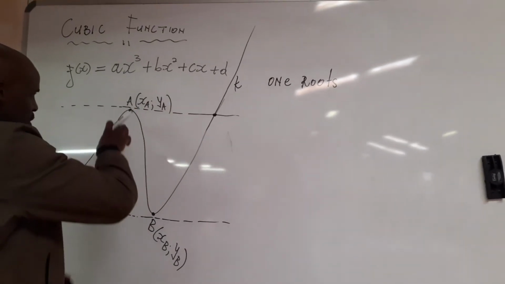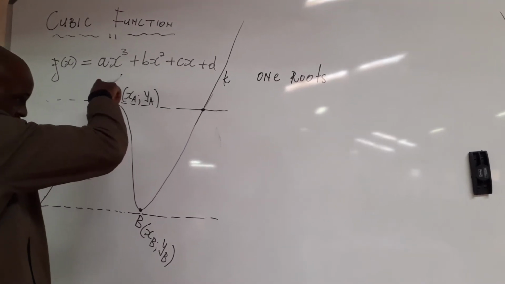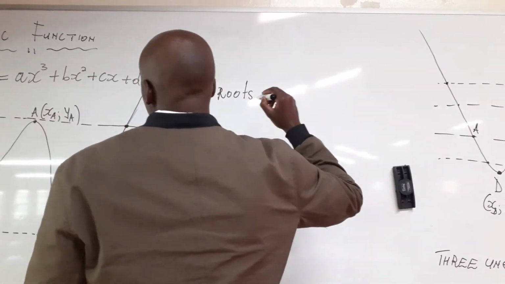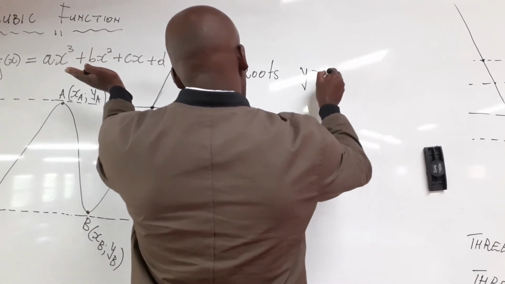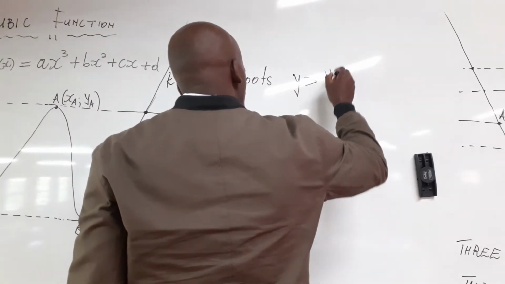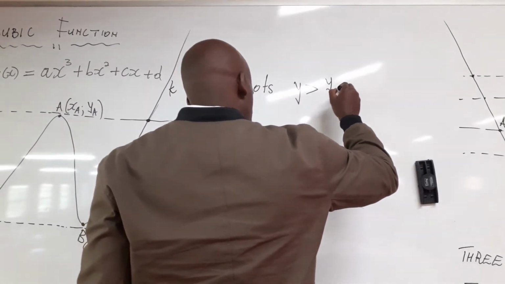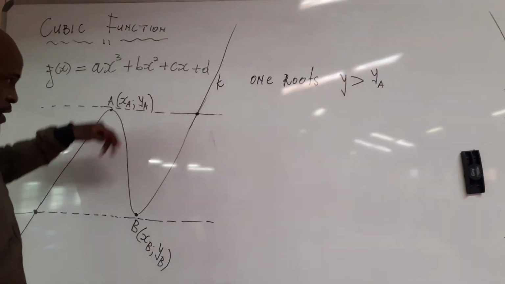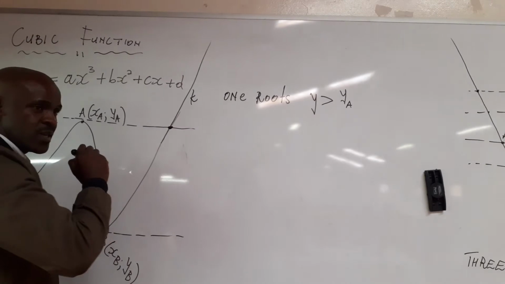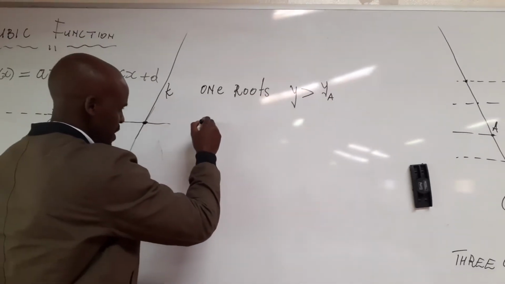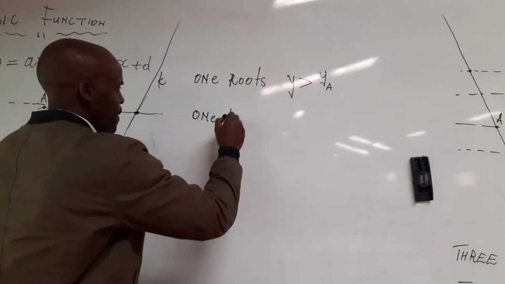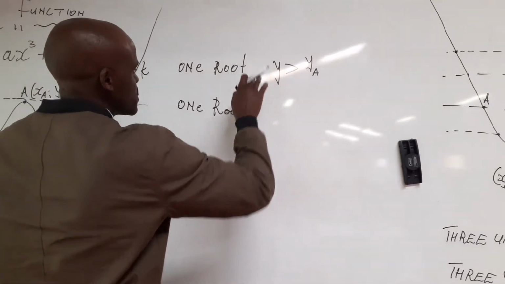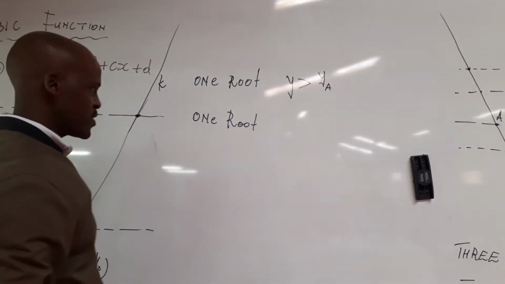Therefore, what is the value of y above point A? That means y greater than y at A. Just above, y must be greater than y at A for us to find one root. And this is a root, not roots, because we are talking about one root.